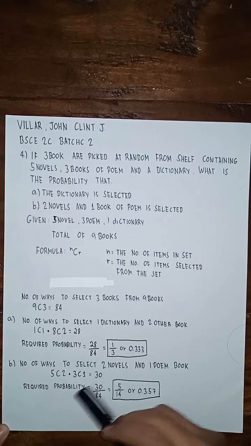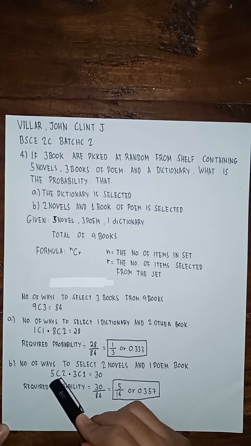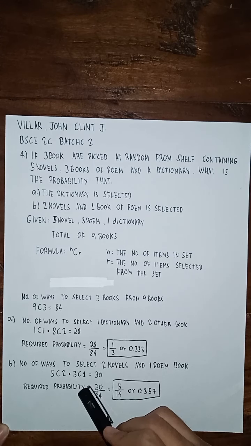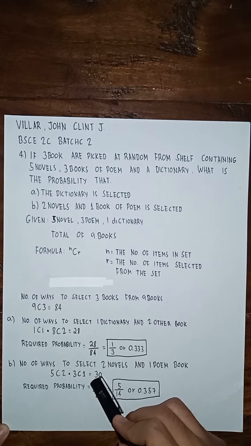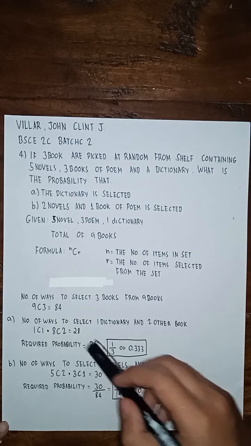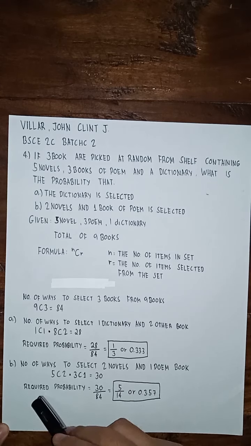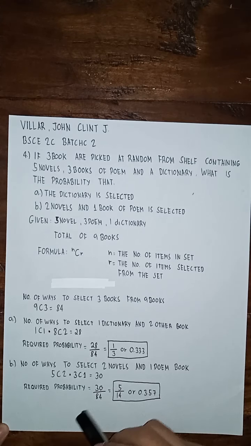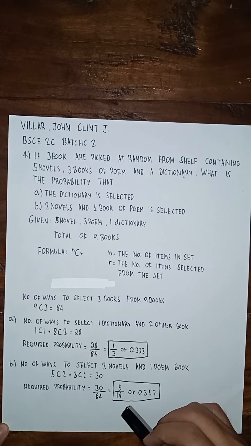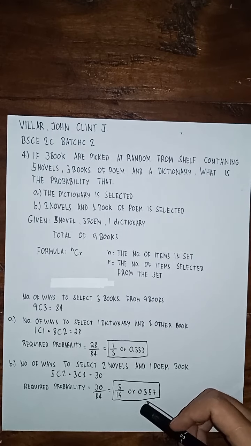So, 3 combination 1. When we enter this on the calculator, it's equal to 30. Then, ganun din sa A, i-divide lang natin sa 84. Then, makukuha natin yung required probability, which is 30 divided by 84 is equal to 5/14 or 0.357.